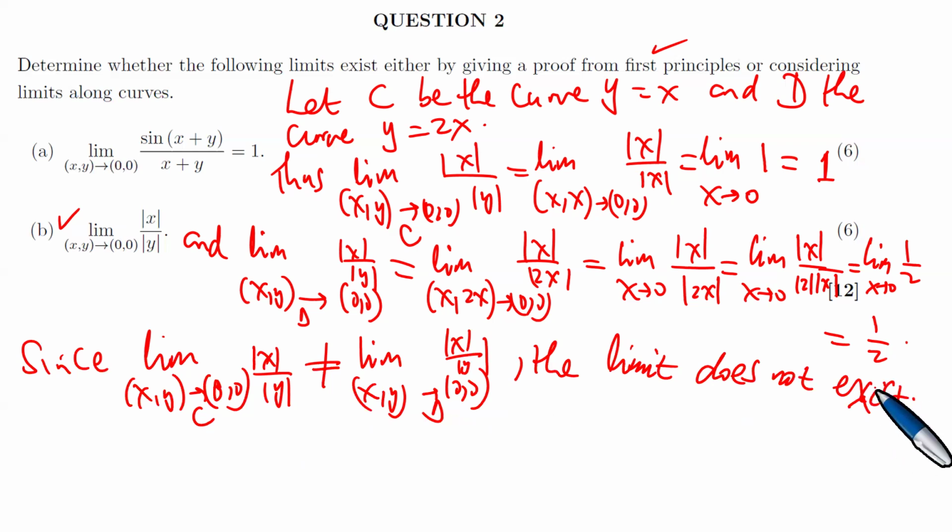So this was nice and easy and short because it does not exist. And this is the proof.